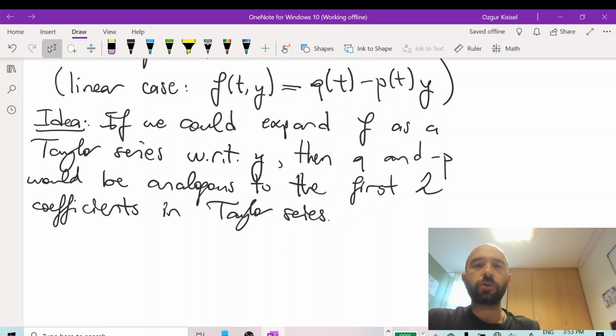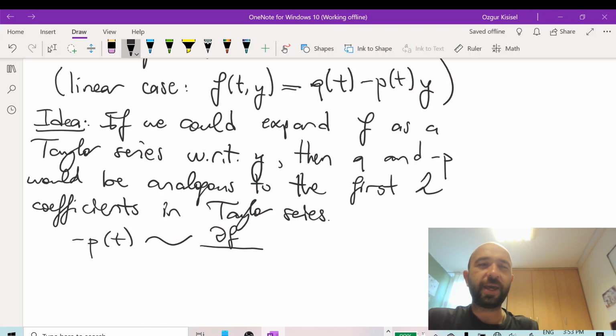Okay, so p(t), or minus p(t), is kind of analogous to the partial derivative of f with respect to y at y equals 0.